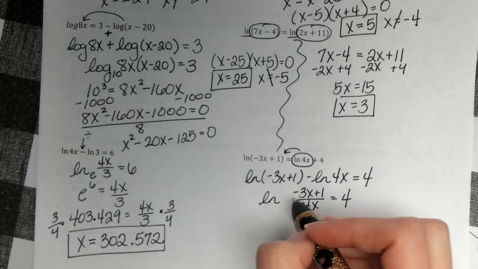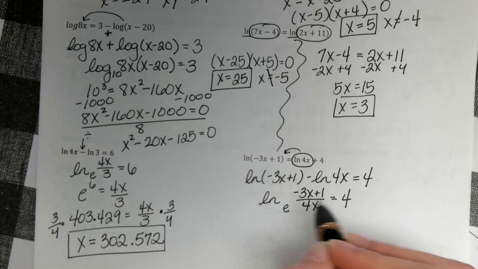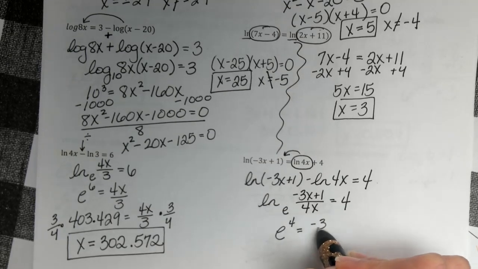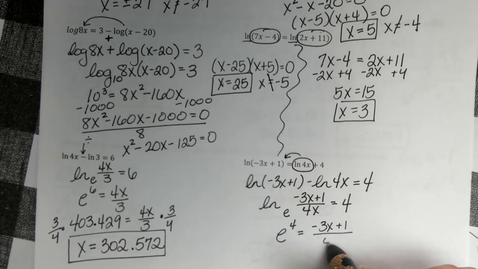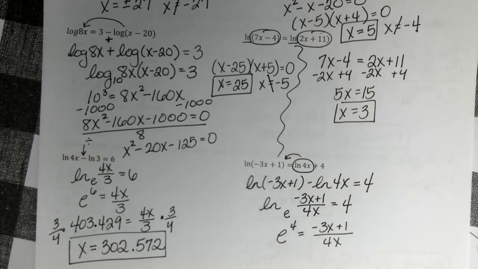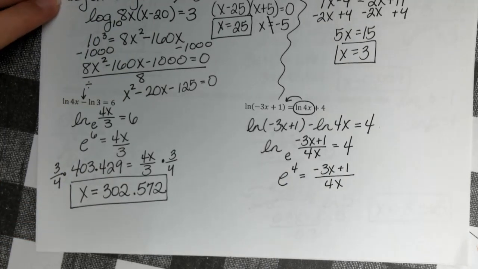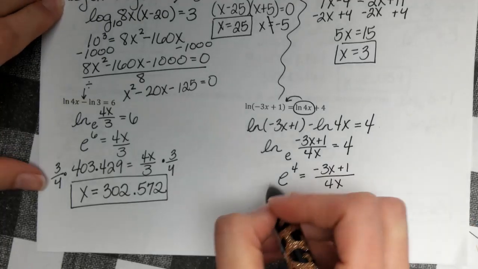So my base is understood to be e, so when I write it in exponential form, I have e to the fourth is equal to negative 3x plus 1 over 4x. e to the fourth is 54.598.